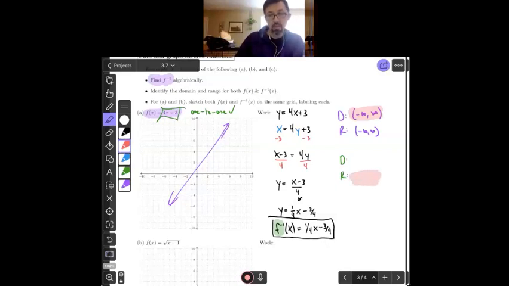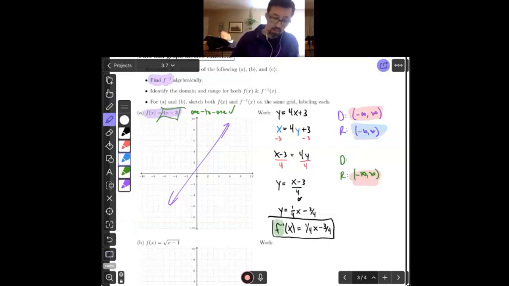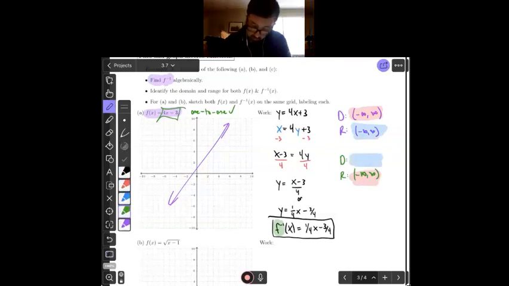It's the same as the range of the inverse. So if you know the domain of the original function, that means you know the range of the inverse function. And in the same way, if you know the range of the original function, that means you know the domain of the inverse function.